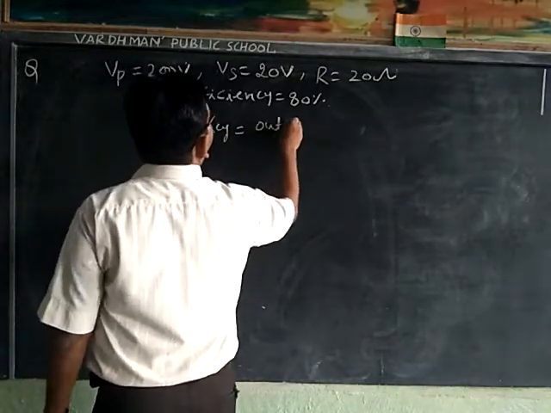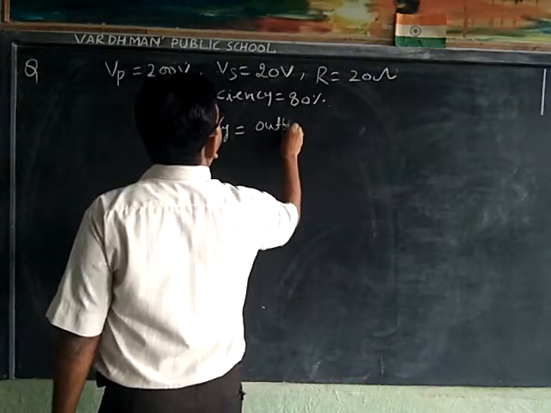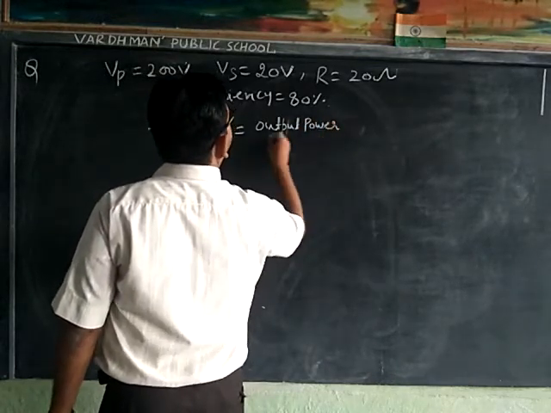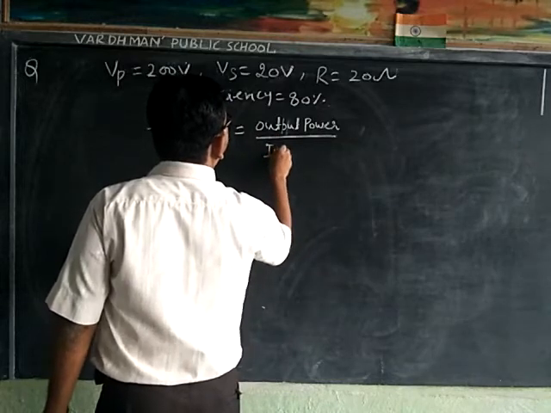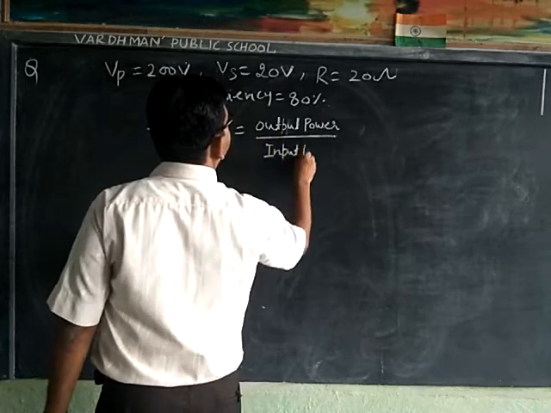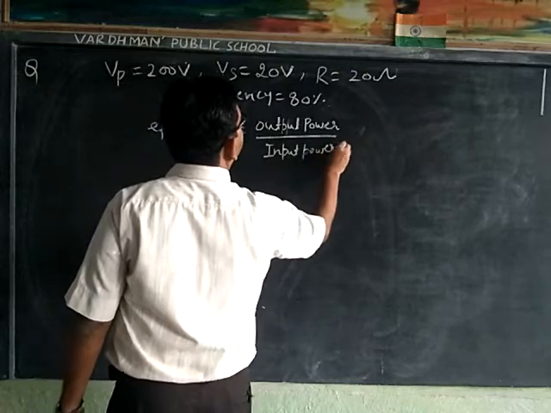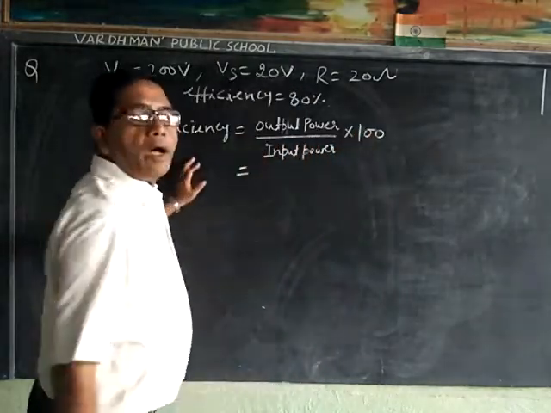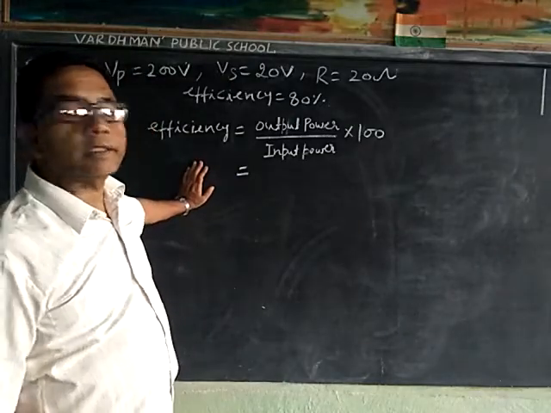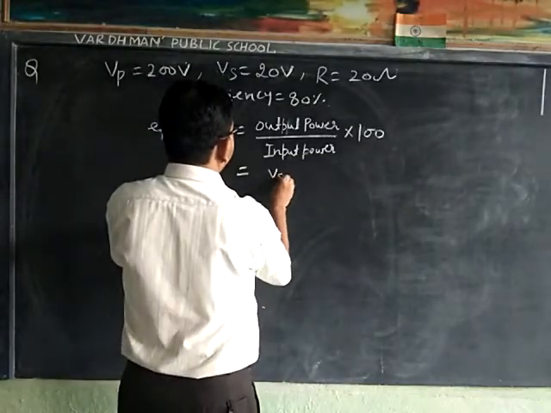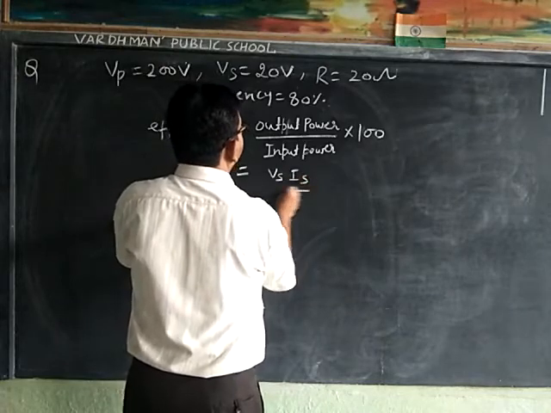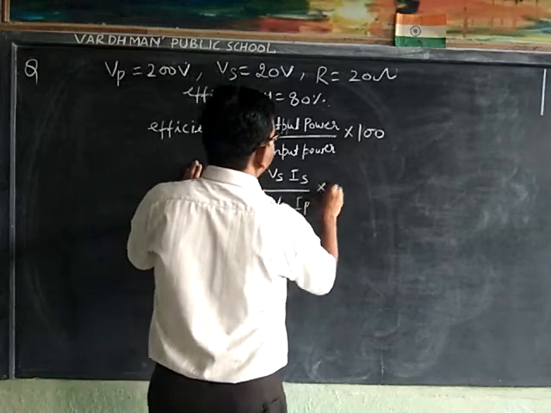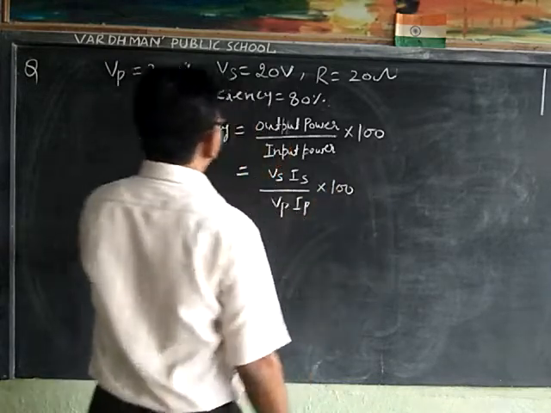Output power is Vs Is, input power is Vp Ip, into 100.